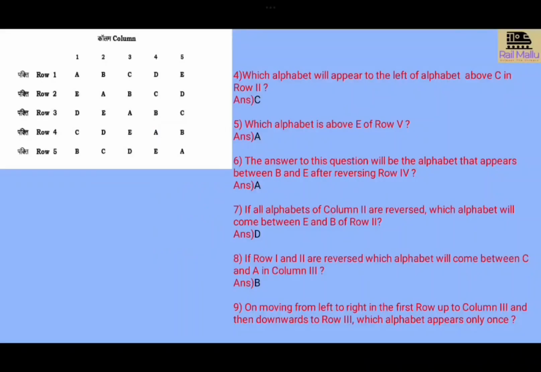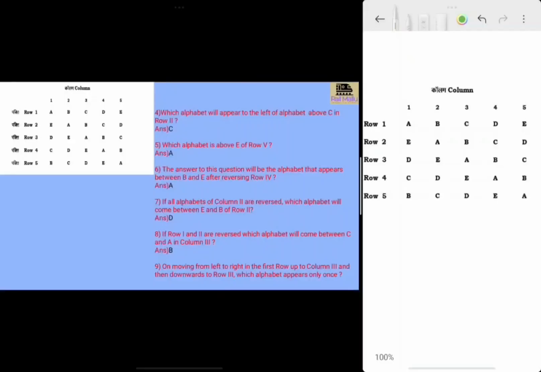On moving from left to right in the first row up to column 3 and then downwards to row 3, which alphabet appears only once? Very interesting question. Here, on moving from left to right in the first row up to column 3, which means up to this point, right?